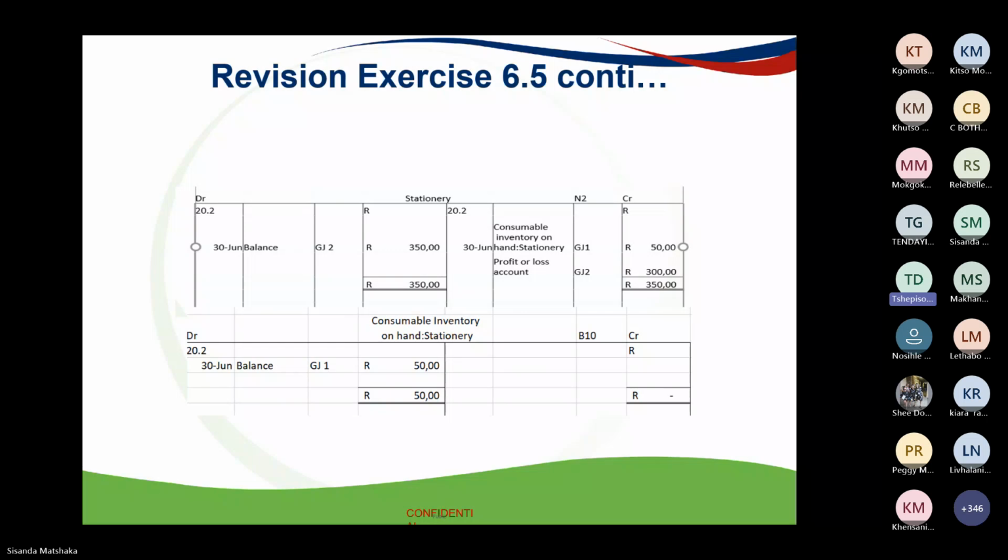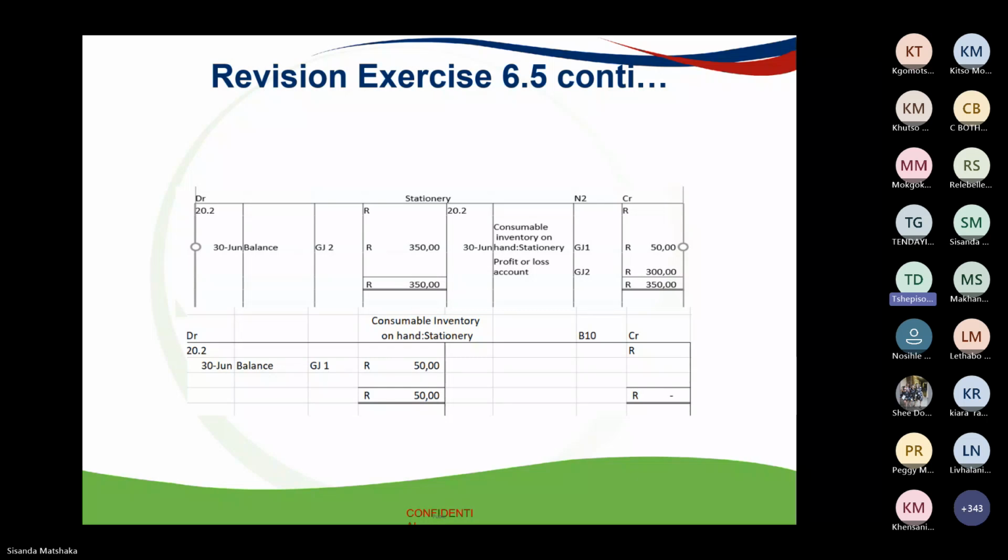Okay, so stationery on hand, part B. On the 3rd of June, you had stationery on hand which amounted to 50 Rand. When we analyze this transaction, it affected two accounts: stationery and consumable inventory on hand. You started with 350, which was your balance brought down.